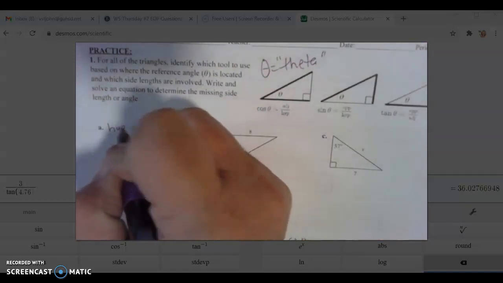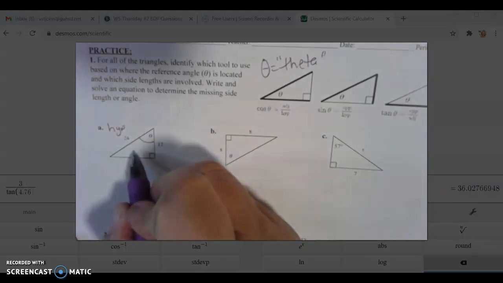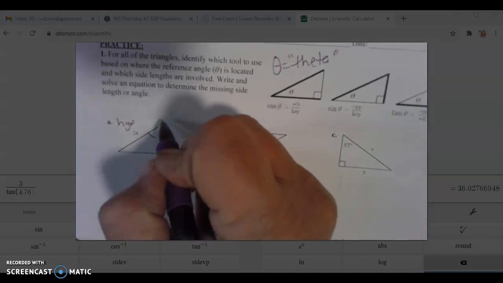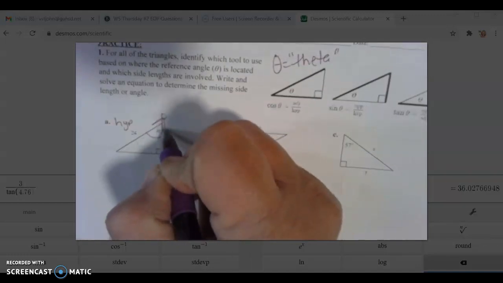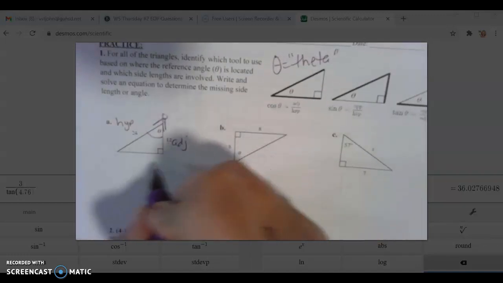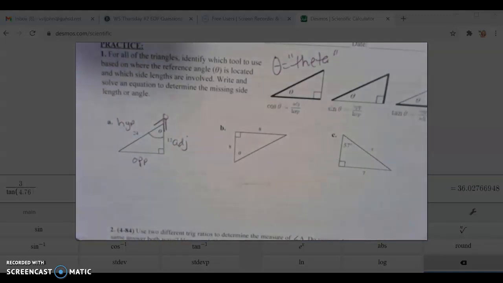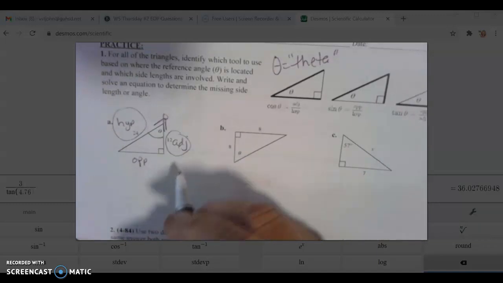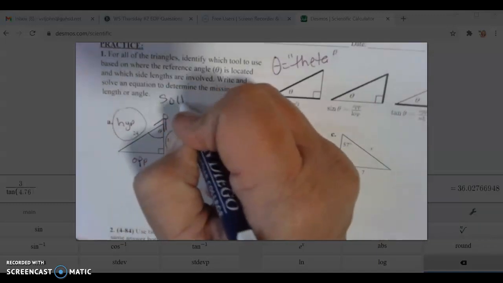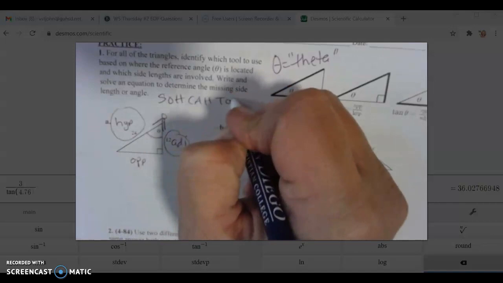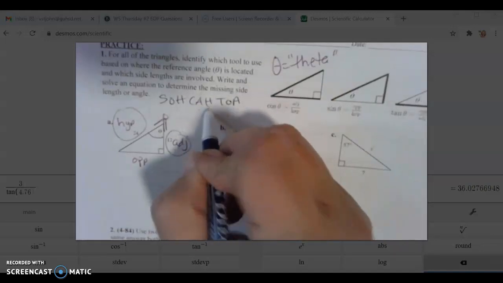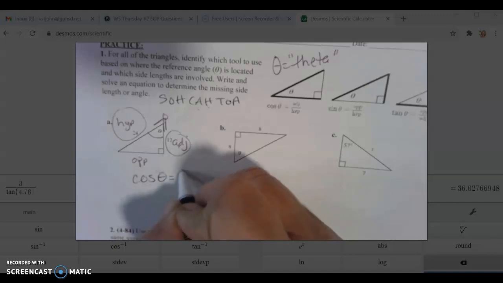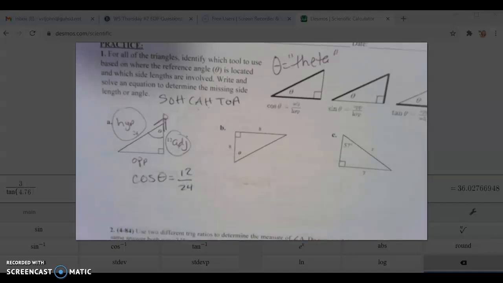So here's our reference angle. This is my hypotenuse. I know it's my hypotenuse because it's across from the 90 degrees. If I'm standing here, my arms are always touching the adjacent side, so this becomes my opposite. I'm going to circle what I know. I have adjacent and hypotenuse. SOHCAHTOA. Adjacent and hypotenuse, so I know it's going to be cosine. So cosine of theta equals adjacent over hypotenuse.